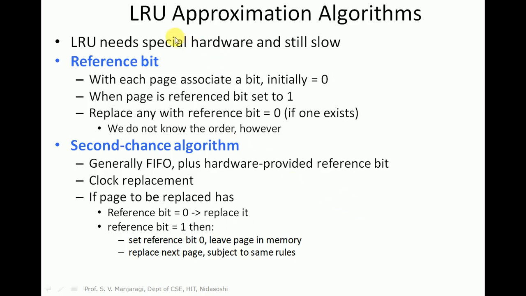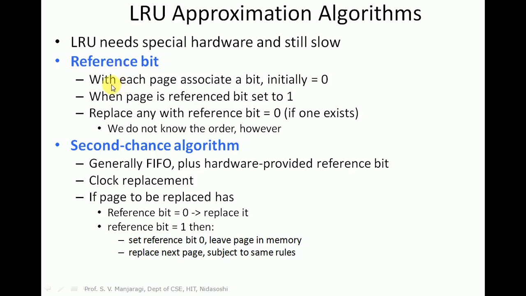The next one we shall look at is LRU approximation algorithms. If you implement the LRU algorithm, it requires special hardware, and it is a bit slow. So that is why we go for a different technique here, that is a reference bit.